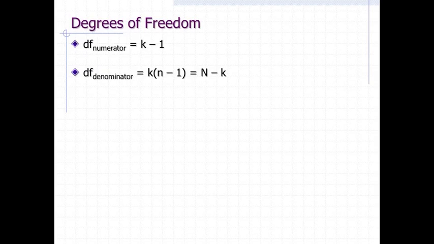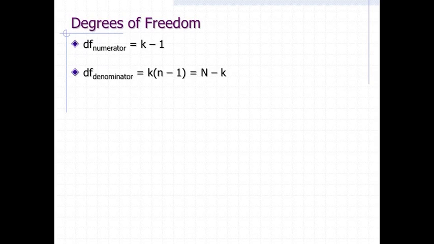As stated previously, the shape of the F distribution depends on the sample size. More precisely, it depends on two degrees of freedom parameters, one for the numerator, MSB, and one for the denominator, MSE. Recall that the degrees of freedom for an estimate of variance is equal to the number of scores minus 1. Since the MSB is the variance of k means, it has k minus 1 degrees of freedom.